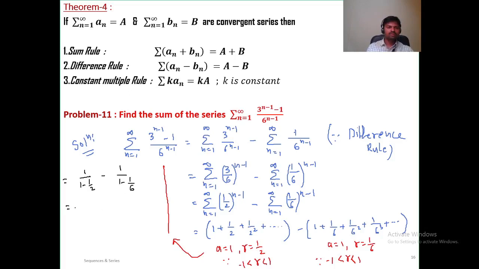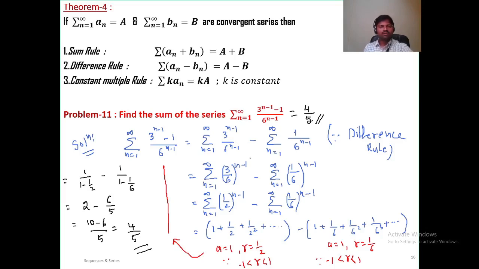So overall it is 1 by 1 by 2, that is 2, minus 1 by 5 by 6, and 5 by 6 means 6 by 5. So 2 minus 6 by 5, that is 10 minus 6 by 5, which means 4 by 5. So therefore the sum of the given series is 4 by 5. It converges to 4 by 5.